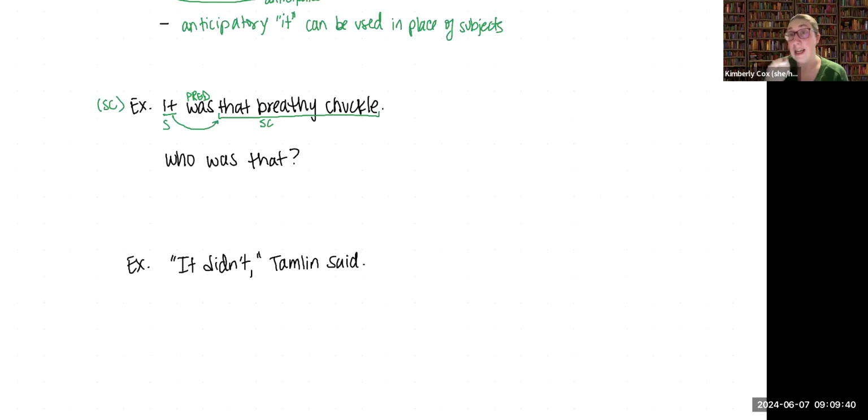It's just functioning like a subject complement would. Similarly, "Who was that?" has a subject complement, a subject, and our predicate. In this case, we have just a relative pronoun, "who."